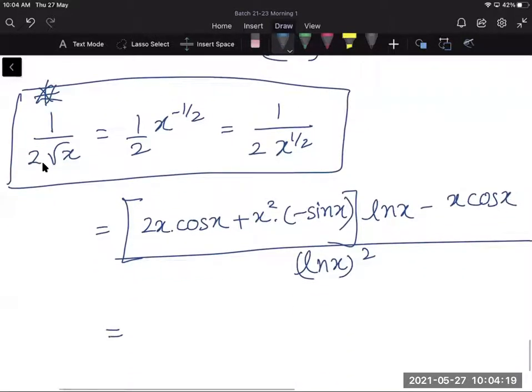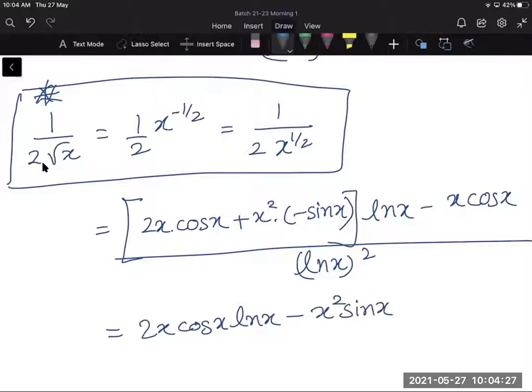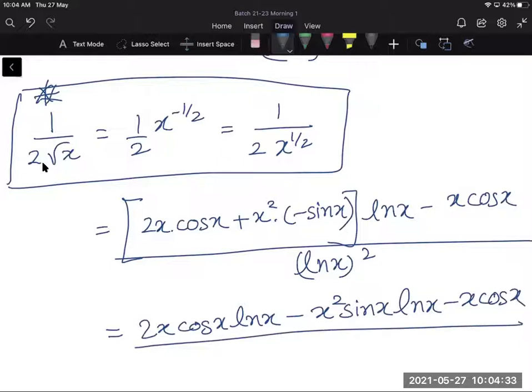And now I can expand this. 2x cosine x ln x minus x square sine x ln x minus x cosine x whole divided by ln x whole square. Okay, now remember, a word of warning here.